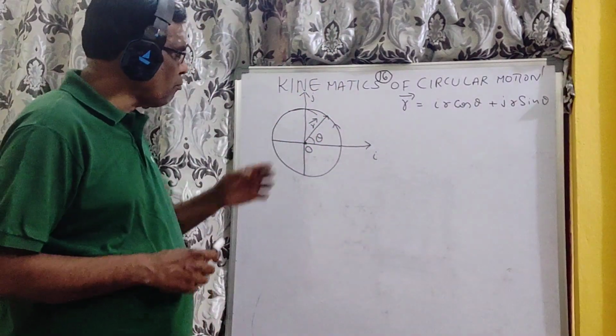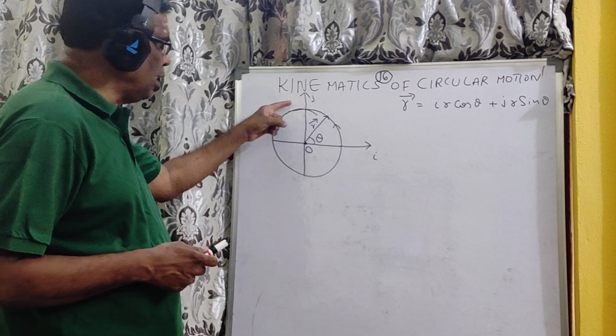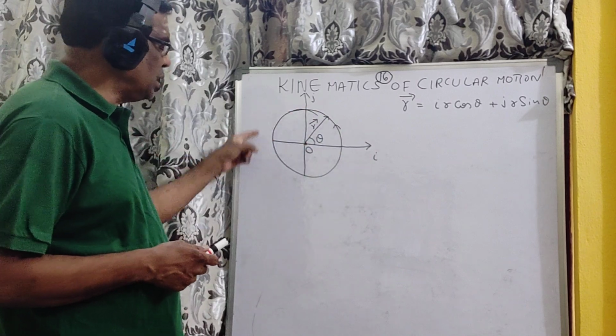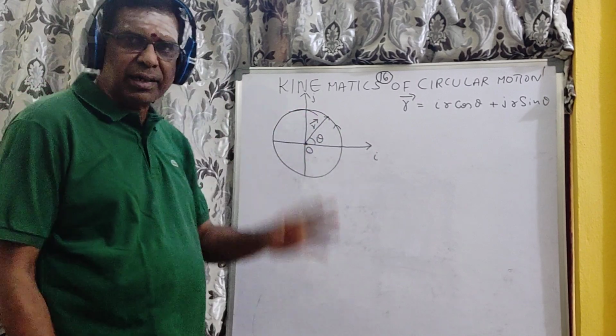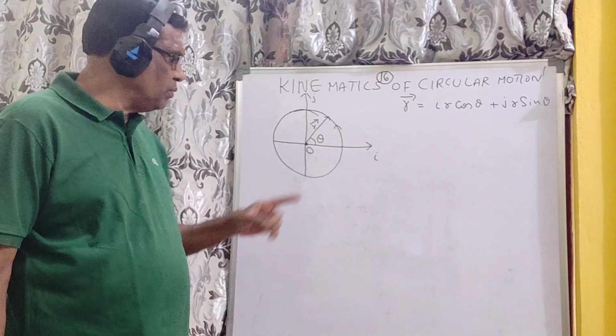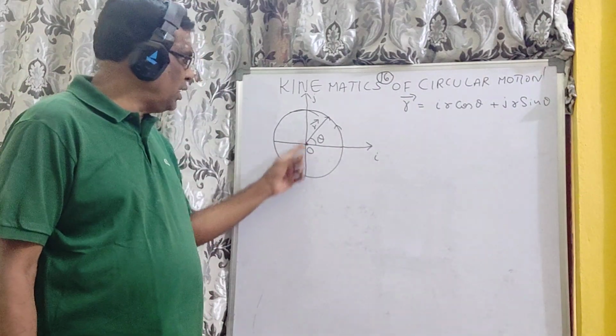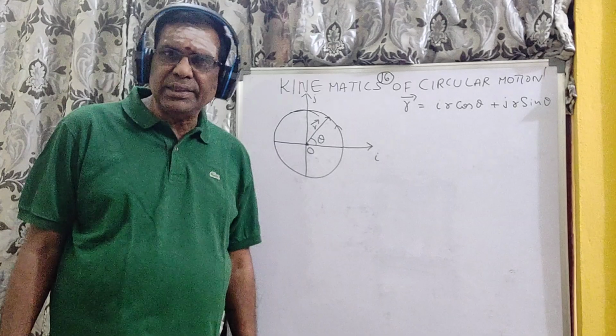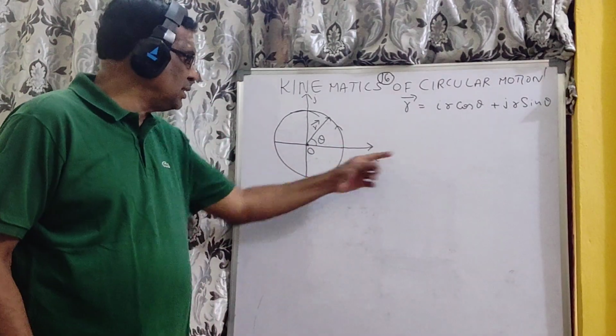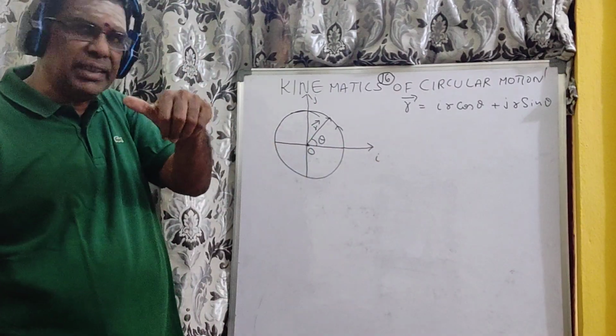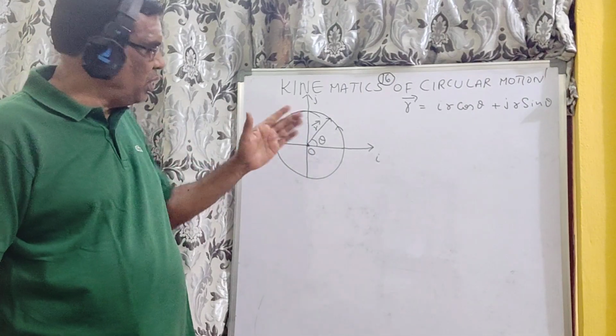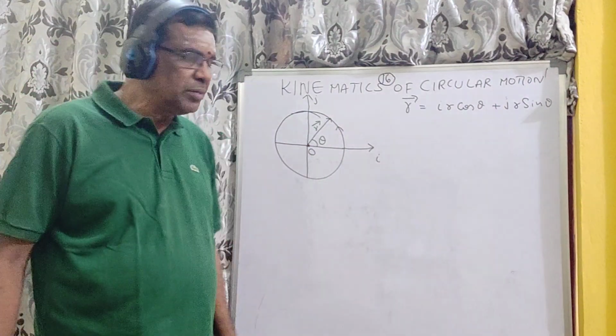Now, let a particle move in a circular path of radius r. Here, with the center, I have taken one coordinate system. This is x-axis, this is y-axis, this is z-axis. Away from the plane is the z-axis.